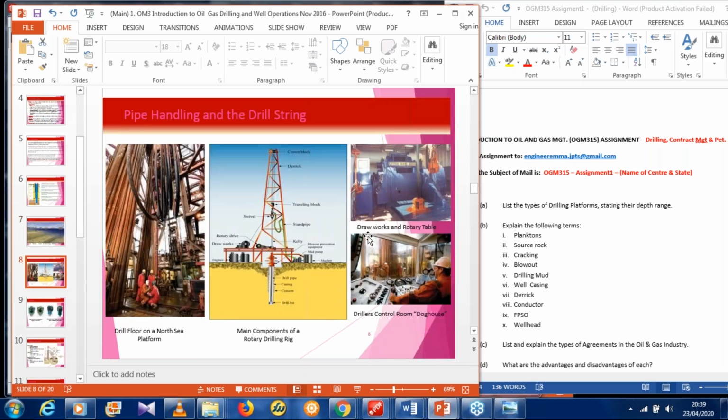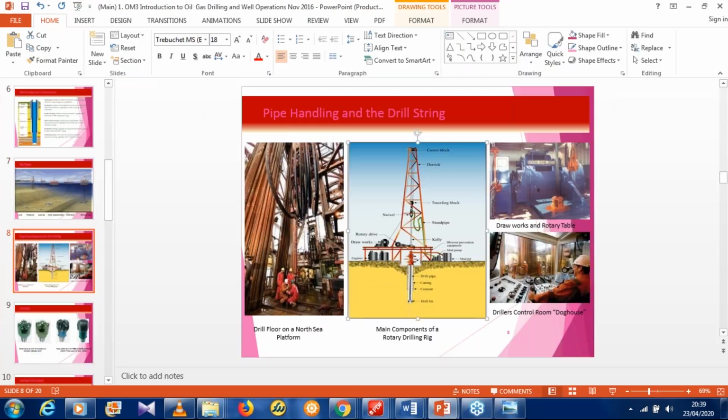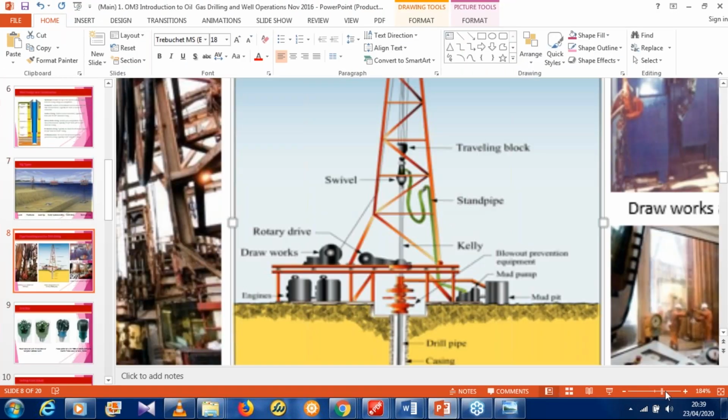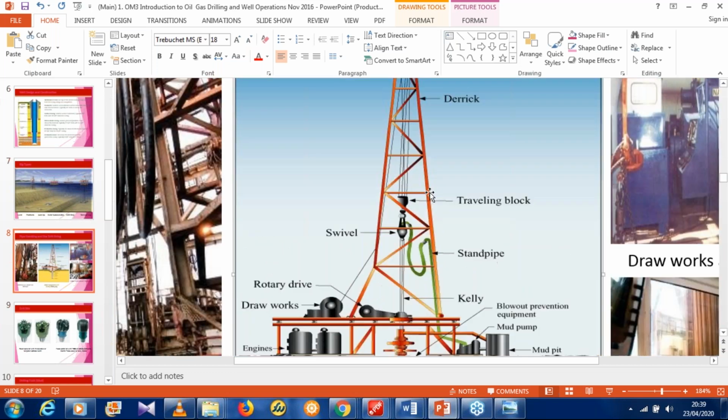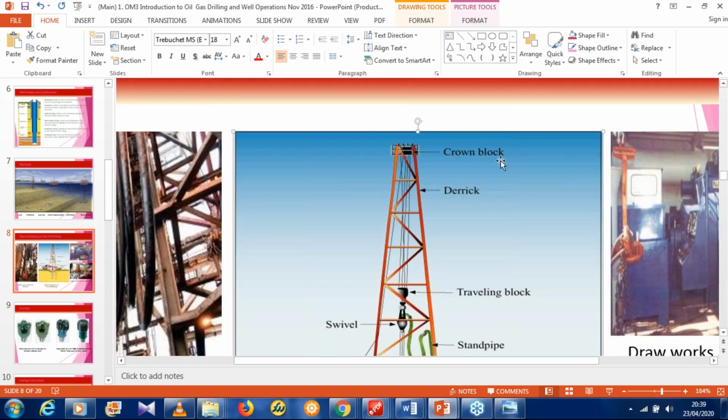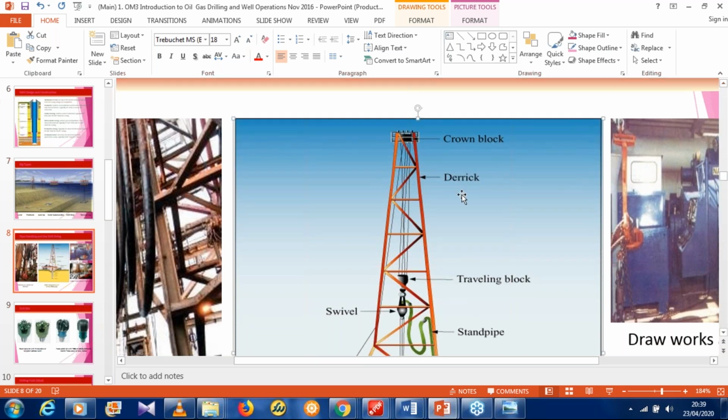All right. Now here you have a draw works or rotary table. This is how it looks like. I talked about draw works earlier. Let me make this a bit broader so we can see it clearly. Good. So this is a crown. This is what a crown block looks like. And we have the derrick that we talked about. The derrick is the metallic structure of the rig.